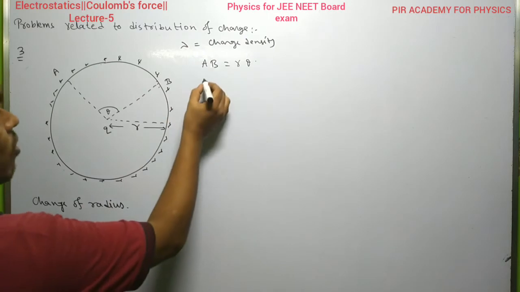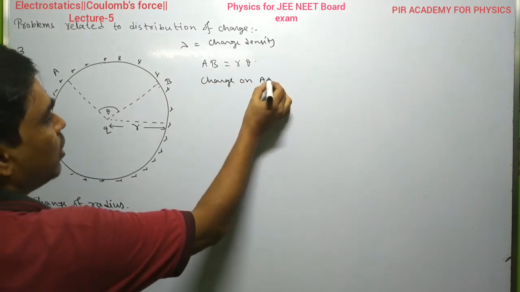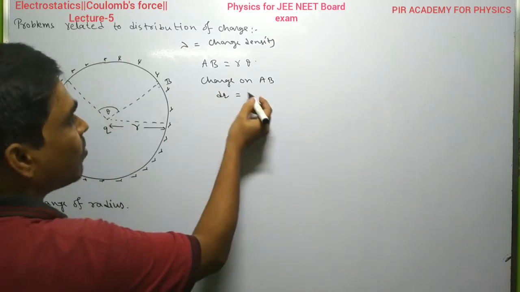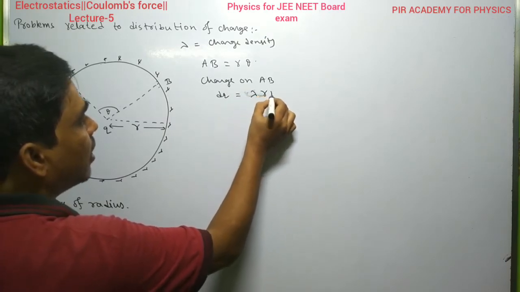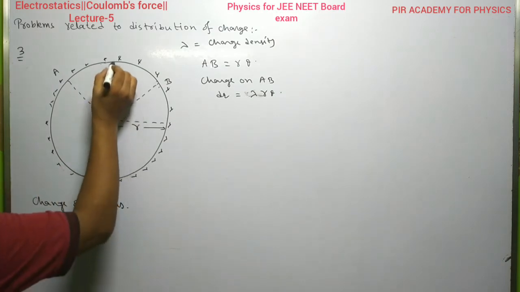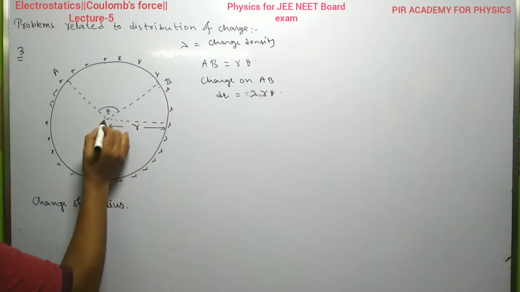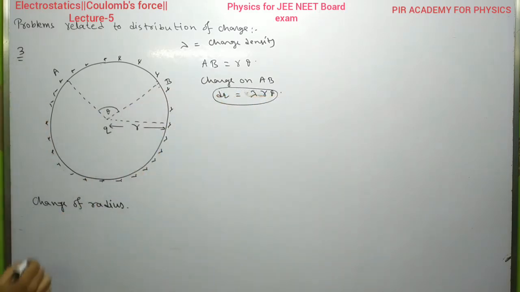The charge on AB, suppose dq, will be lambda into r θ.